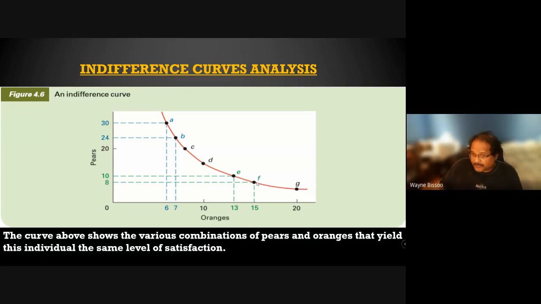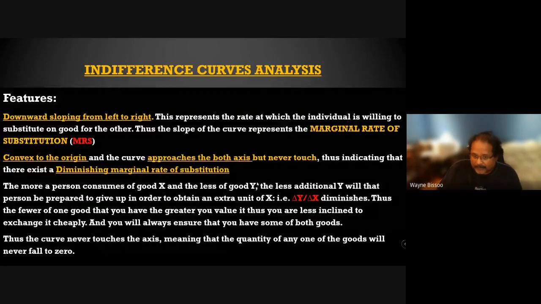Notice too, the curves never go to the x-axis. Look at this here. The more a person consumes of good X and the less of good Y, the less additional Y will that person be prepared to give up in order to obtain an extra unit of X. That is, delta Y over delta X diminishes. Thus, the fewer of one good that you have, the greater you value it.